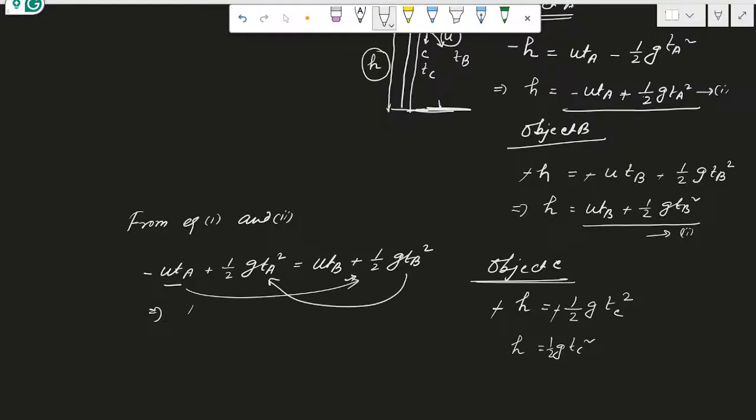So half g ta square minus half g tb square is equal to u tb plus u ta.